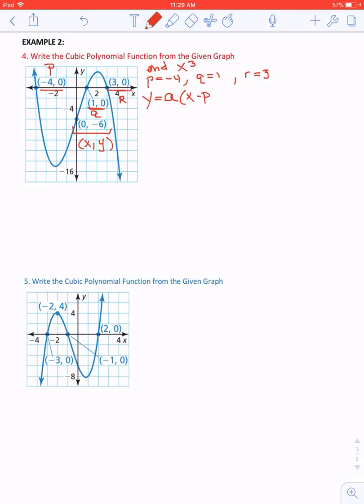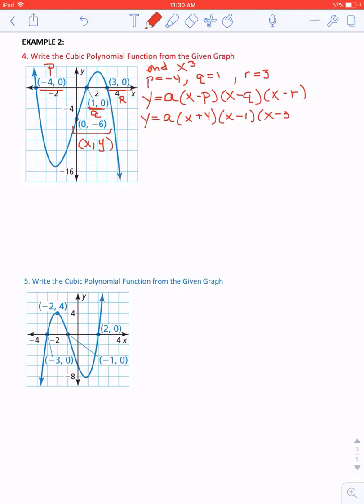X minus P, X minus Q, X minus R. We have a point, X and Y. So first we have Y equals A, X minus -4. Okay, so plus 4. X minus 1.